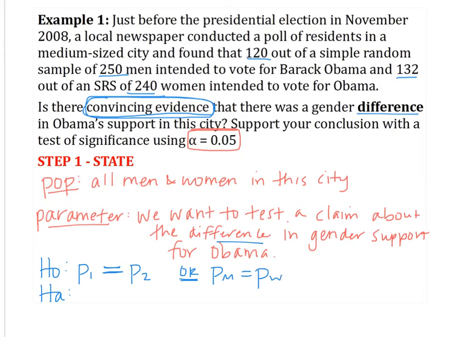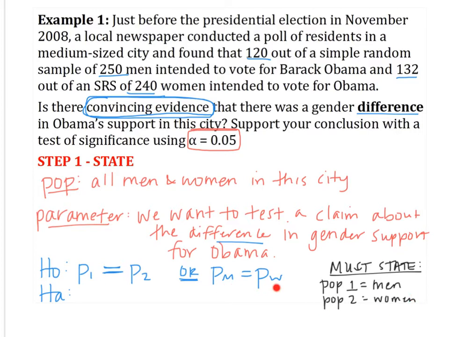No matter which one you do, you must state that population 1 is the men and population 2 is the women. You have to define who's 1 and who's 2. You can't just write these hypotheses with no definition of who's population 1 and who's population 2.